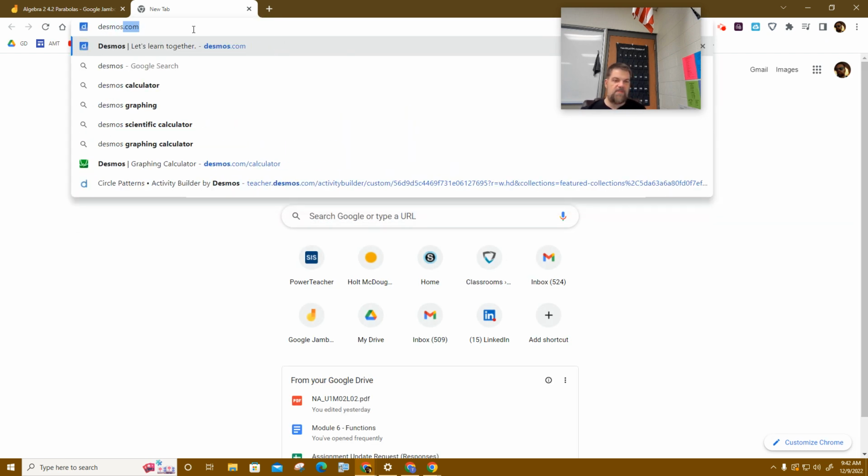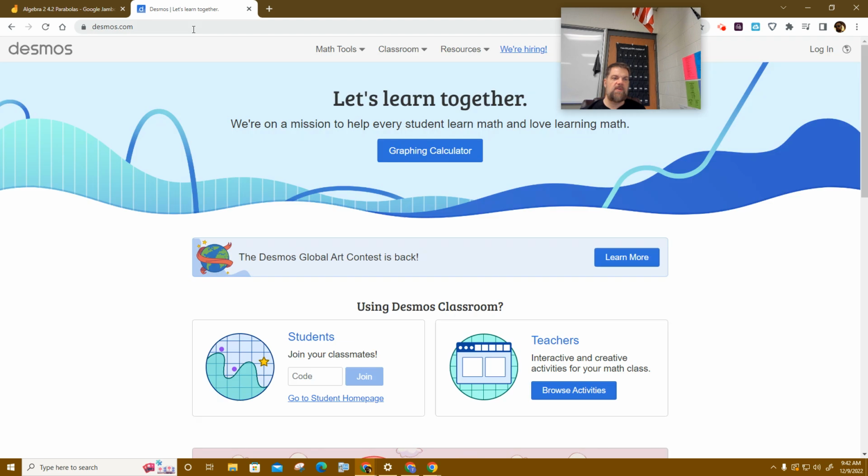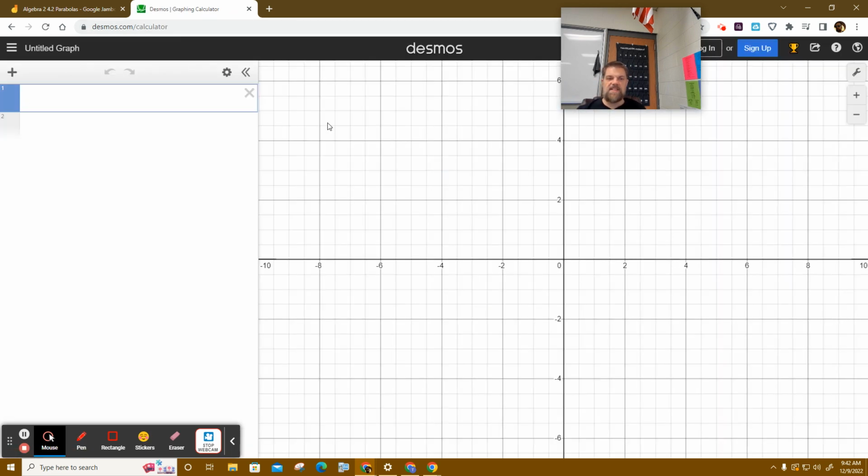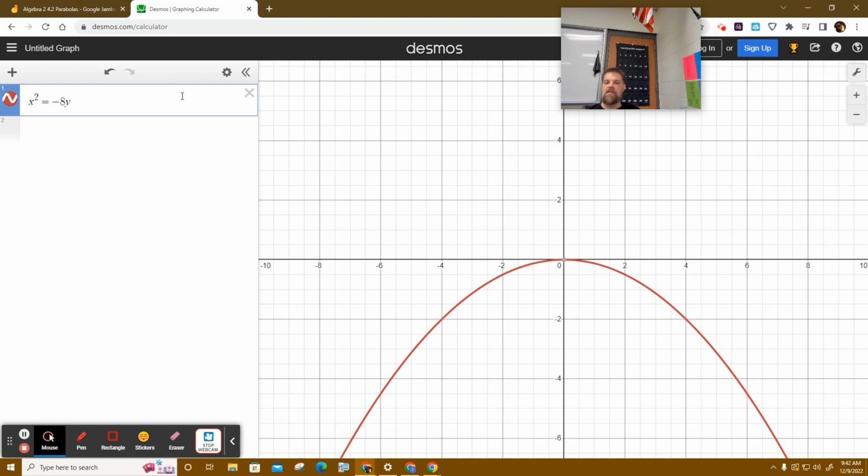For these types of equations, unfortunately, we can't use our graphing calculators. You have to use Desmos. But it's not a bad idea to plug it in. So I said that x squared is equal to negative 8y, correct?